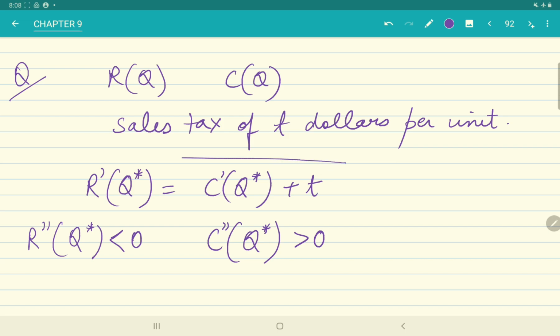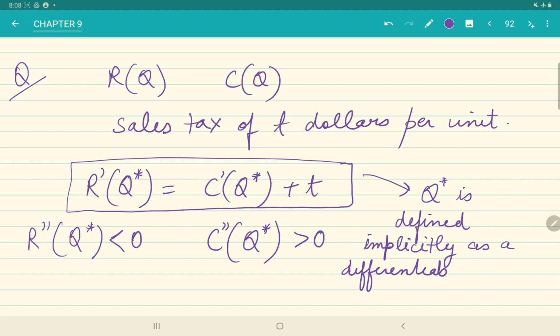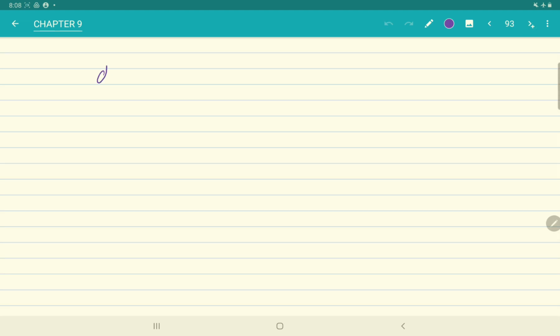Now we know that if we take up this equation, Q star is defined implicitly as a differentiable function of T. The question is that we would like to know dQ star by dT.